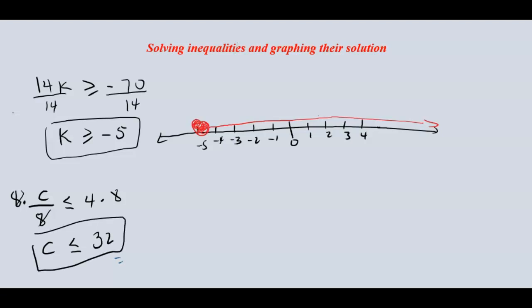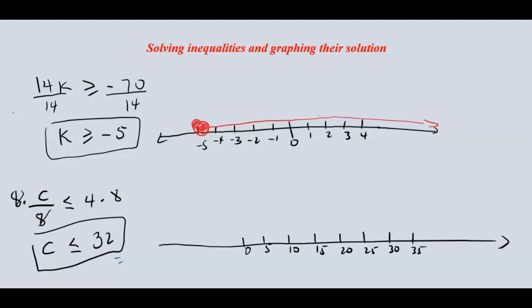Then if we draw the number line, we have 0 here, and 5, 10, 15, 20, 25, 30, 35, and on the other side -5 and -10.